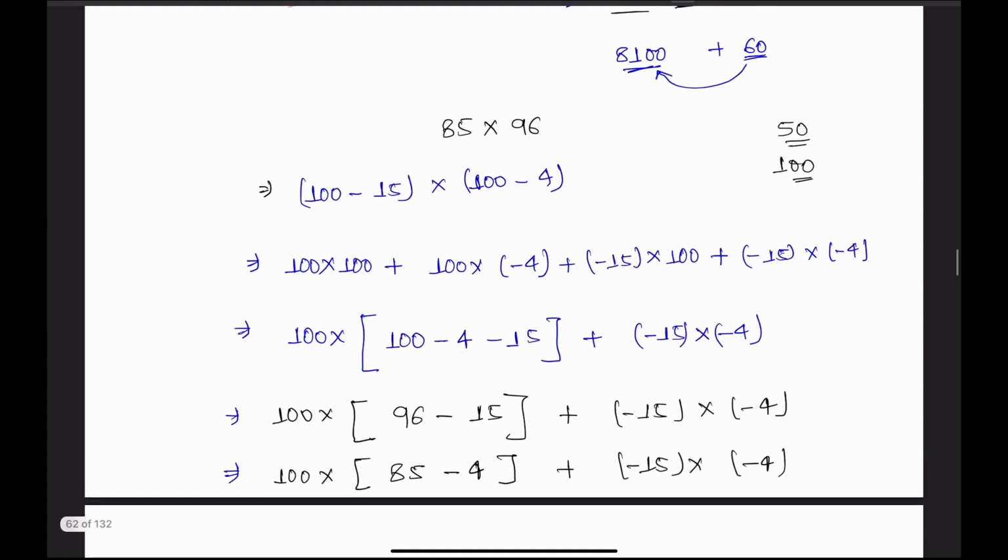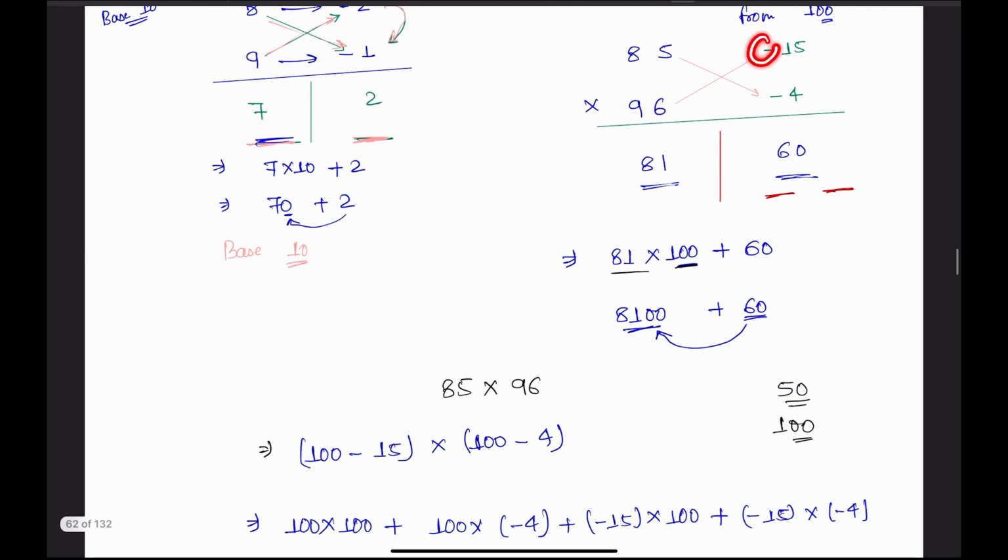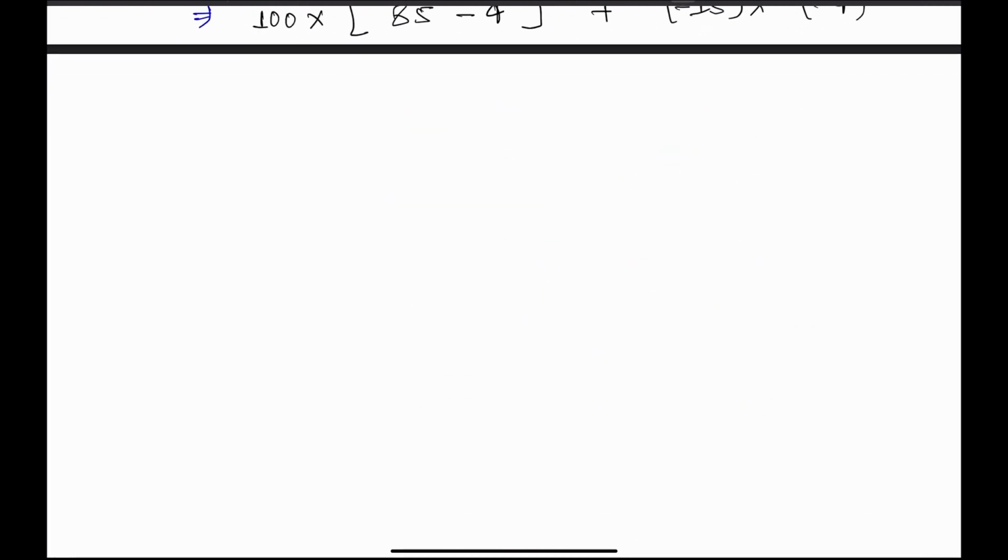But let's just solve a few more questions on this one, but instead of taking this minus over here, we will take plus, okay. So let's just try to solve more questions. We can take any value, it's not restricted, like 117 into 112, okay.